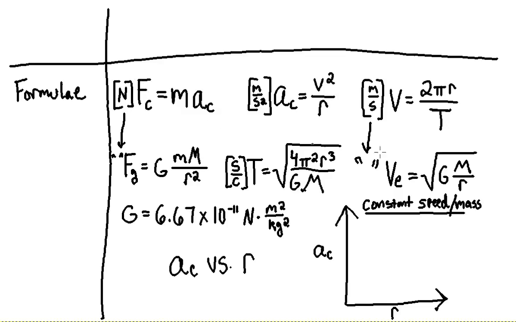You could also say that there's a constant centripetal force. Just anything that could have an effect on centripetal acceleration has to remain constant in order to detect a relationship between this variable and this variable.